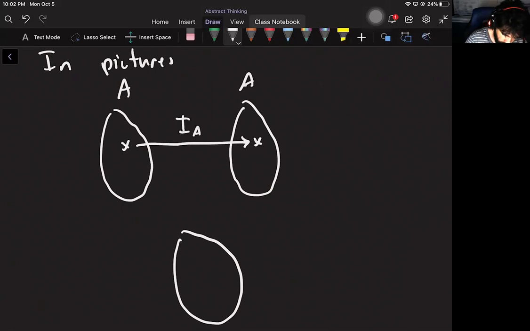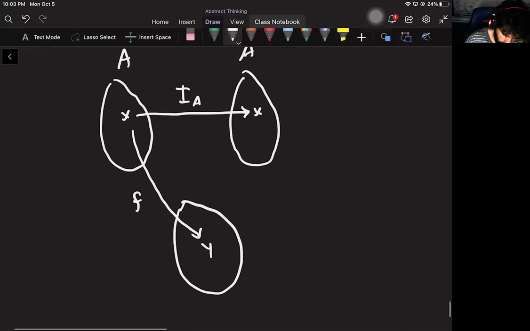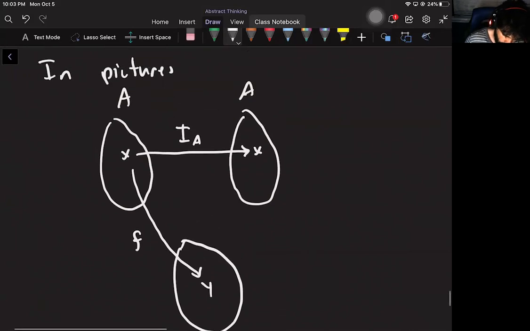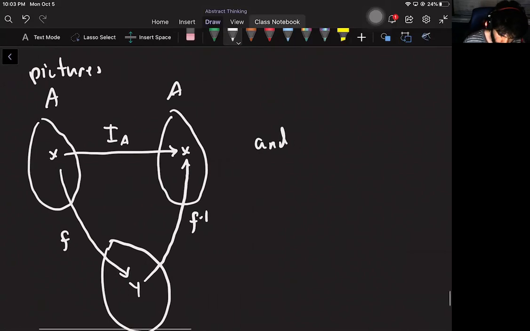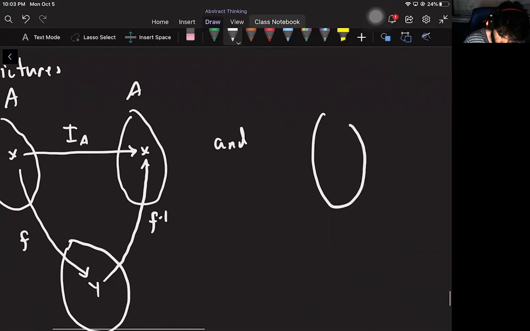Or I could get there in a very roundabout way. I can use my function f. That'll take me to some element of B. But since it has an inverse, I can just go right back using the inverse. And this is saying that both paths are the same.